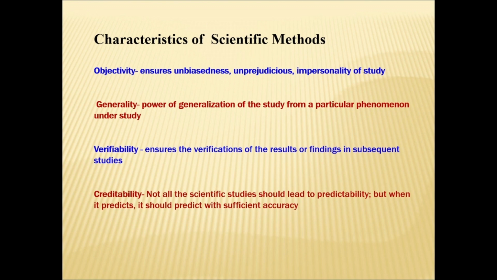You might have learned about forecasting and modeling methods, where future projection is most important. When you project the future based on the present and past, it must be done with a good degree of efficiency and accuracy. Efficiency and accuracy are the two most important parameters for the predictability and credibility of any scientific method.